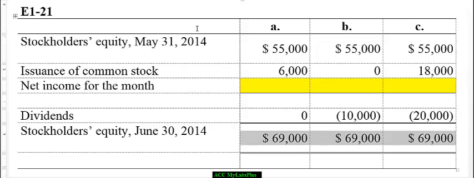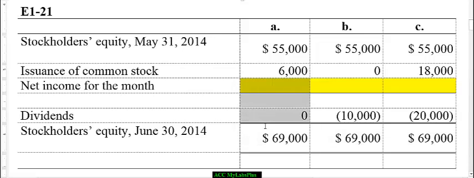Equity is going to go up by retained earnings and common stock. We've already discussed the equity going up because of $6,000 of common stock. So now we need to focus on the retained earnings, which is going to be an increase because of net income and a decrease because of dividends. This company did not pay any dividends, so we're not going to have a decrease in the equity because of dividends, which means the total difference of $8,000 is going to be because of net income.